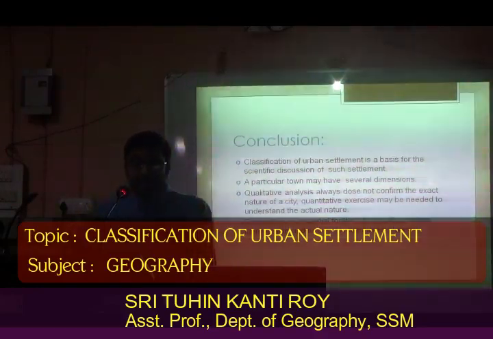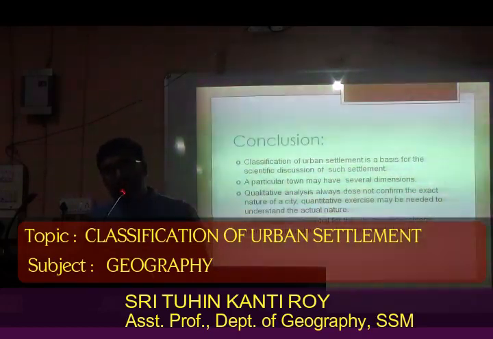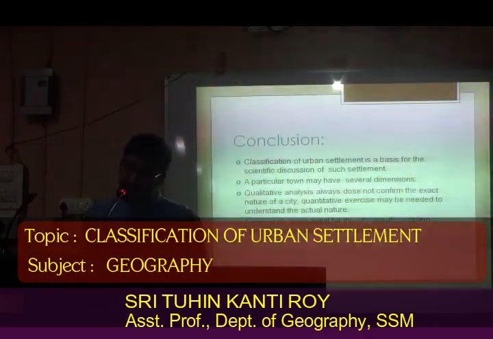That's why qualitative analyses are not enough to find out the exact nature of a town or city. They sometimes don't confirm the exact nature. For these reasons, urban geographers must depend on quantitative analysis or quantitative exercises to understand the actual nature of the city.